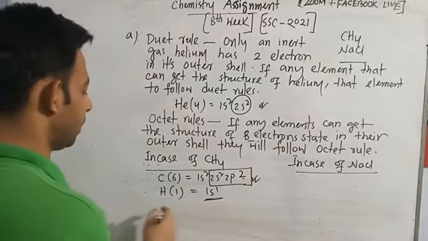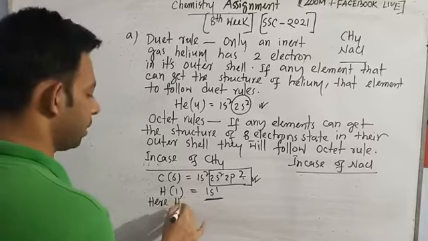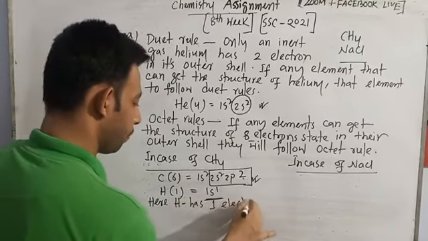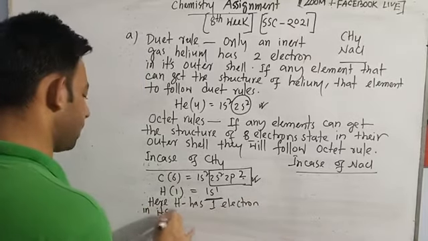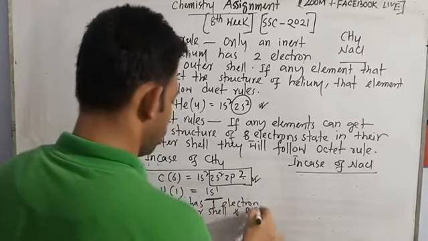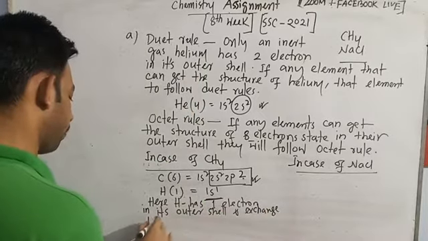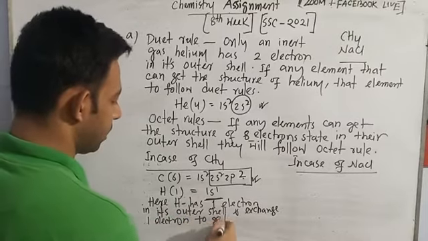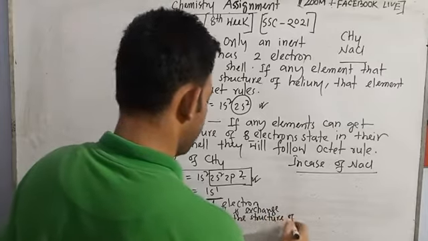Here hydrogen has 1 electron in its outer shell and exchanges 1 electron to get the structure of helium.